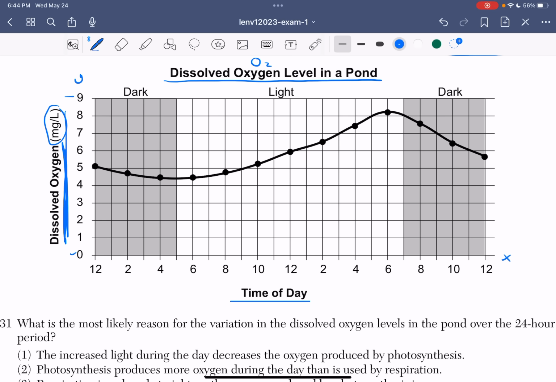Remember that this is the same as your math class, with the exception of these numbers not being like 1, 2, 3, because this is talking about time of the day. So here we see that it's dark out around this hour. So this is probably 12 a.m., 2 a.m., 4 a.m., sun rising. The sun is out at this time. And then here the sun sets and it's dark again. So 8 p.m., 10 p.m., 12 p.m., etc.